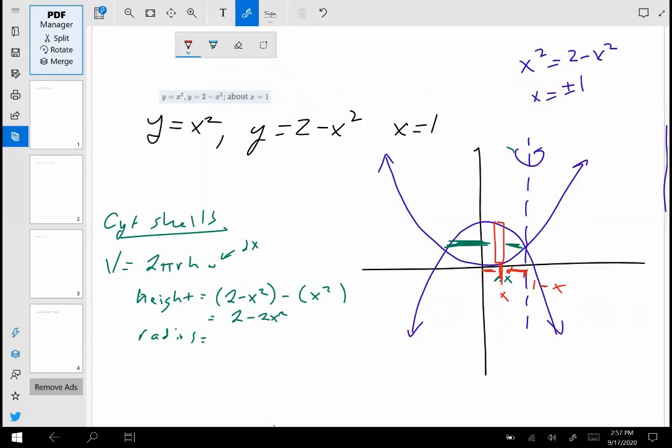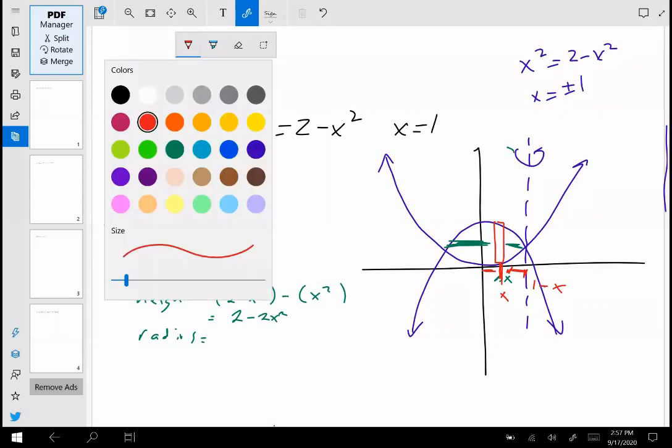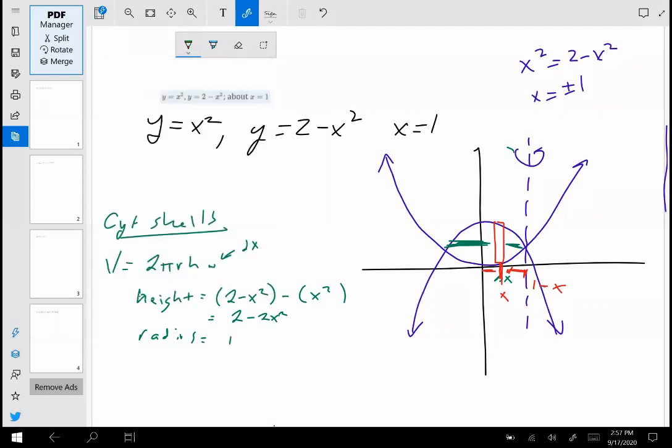And then you just have to make sure that you're using the right variable. So if I were integrating with respect to y, maybe I'd have to change the x's to y's, and so on. So the radius then is going to be the 1 minus x. And then what are my bounds for my integral?